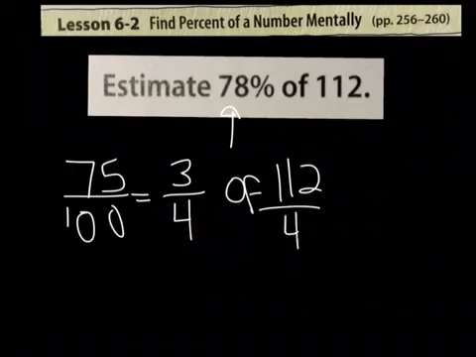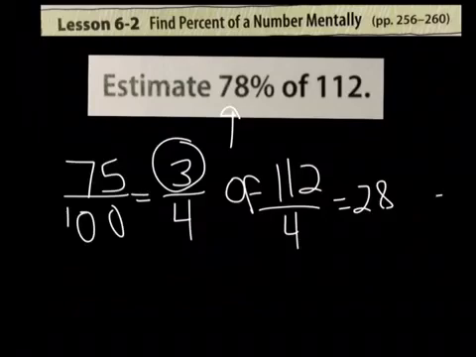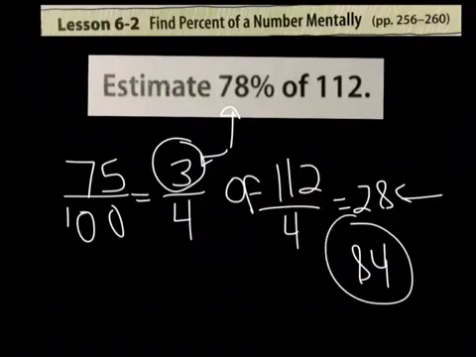And then once you divide it by 4, and you get your 28, okay, you find what 3 of them would be, right? Because this is only 1 of them. This is 1/4, but we want 3 of them. So what's 3 of them? 28 times 3 is 84. So that would be another answer. But you notice how we got 88 and 84? Since they're saying estimate, they're both right. It's just an estimate. It's a number close to it.